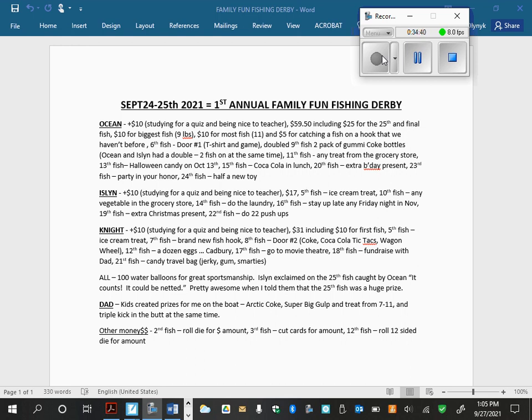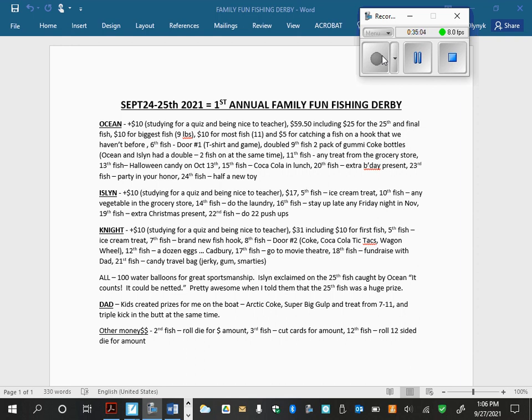Island kind of got the dud gifts. So she got the money and an ice cream treat. That's nice. And then she got any vegetable in the grocery store. She got do the laundry. Poor girl. But she loved this one. Stay up late on Friday night in November. So an extra Christmas present, and she had to do 22 push-ups, which she did right on the boat.